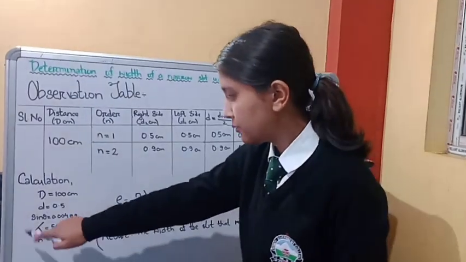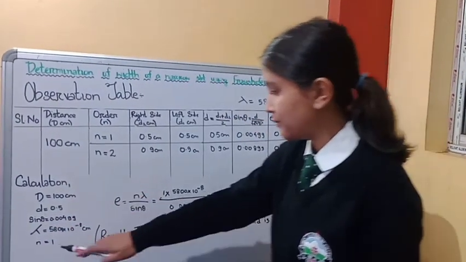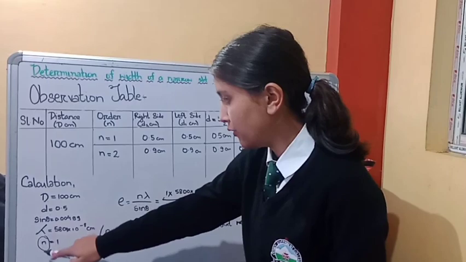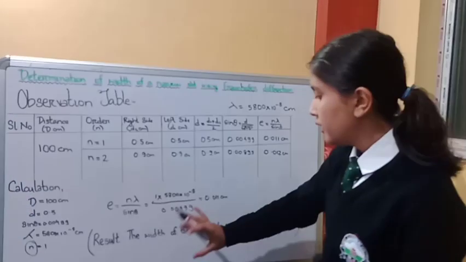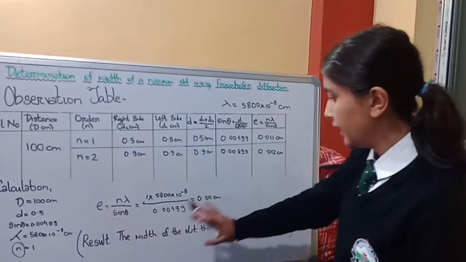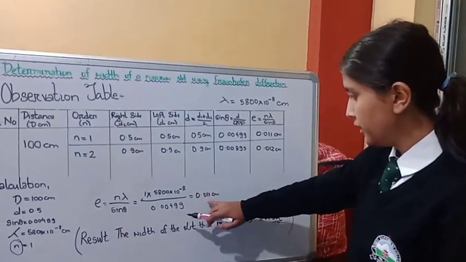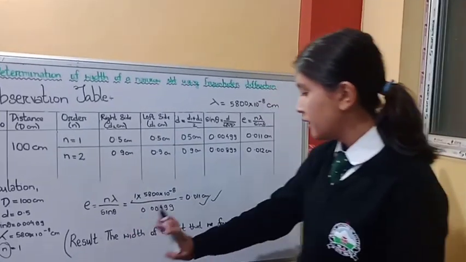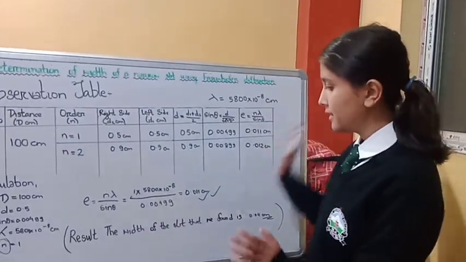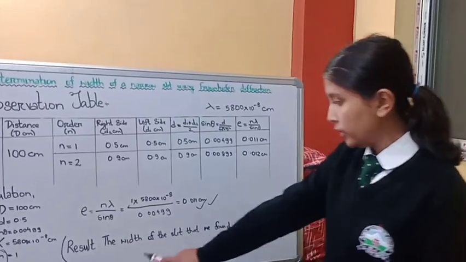Lambda is provided to us, and by the experiment we get the value of n. When we put all these values in the formula of slit width, we get 0.011 after calculation.